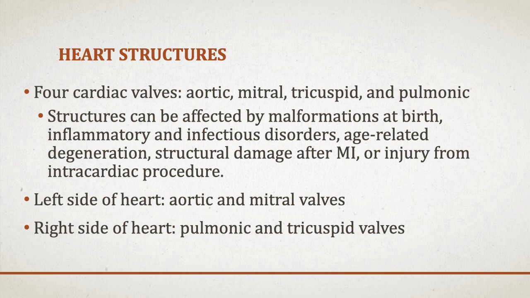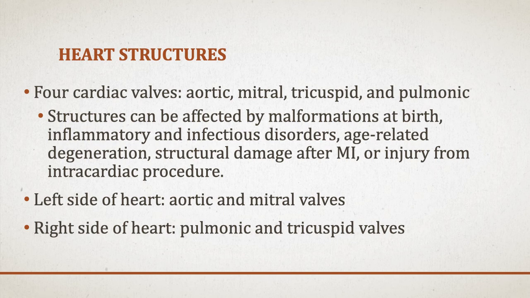So first, just a quick review of your heart structures. You've already had this in your introductory chapter for the cardiac unit. We have 4 cardiac valves: the aortic, mitral, tricuspid, and pulmonic.